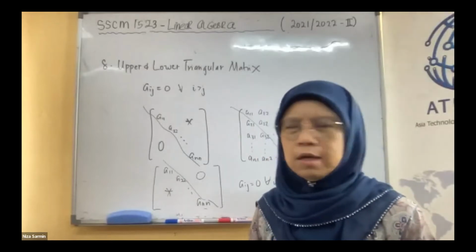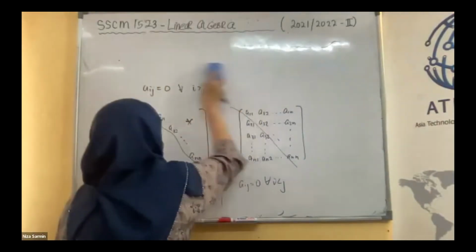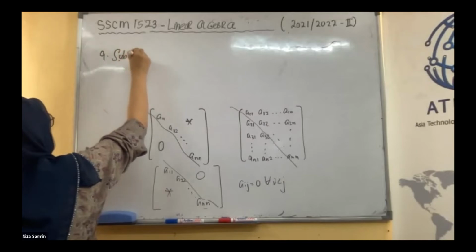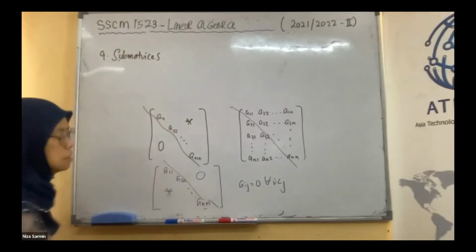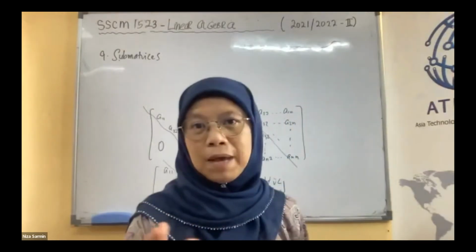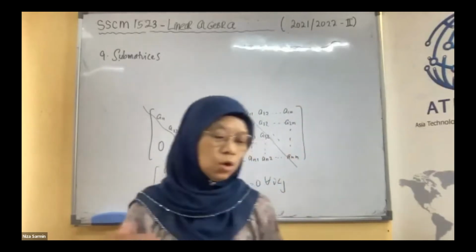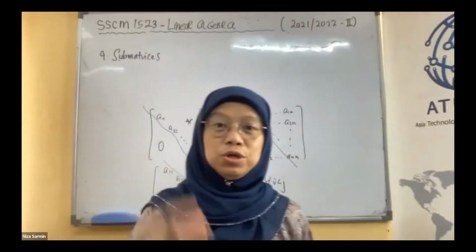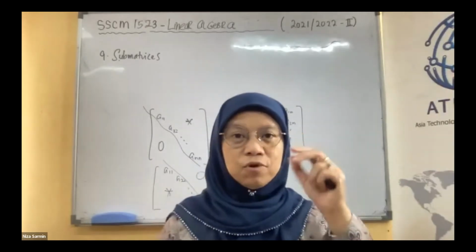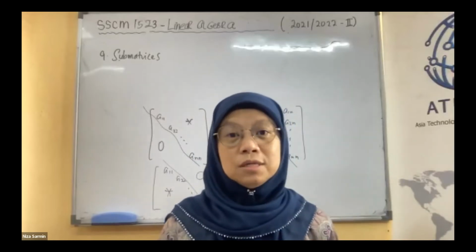Okay. Oh, before that, a submatrix is number 9. Any matrix resulted from eliminating, deleting rows or columns, we call it a submatrix of the original matrix.